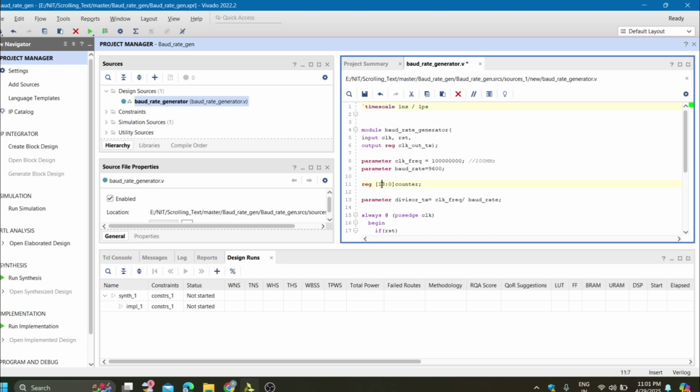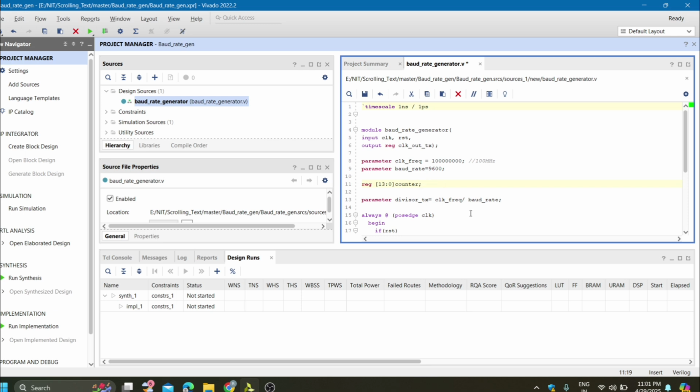And why do we use this 13 down to 0 counter? After dividing the clock frequency by the baud rate, we are getting around 10,000 values. And if we calculate 2 to the power 14, these are the 14 bits, so what value will we get? Around 16,000. If we use 12 down to 0, meaning a 13-bit counter, then 2 to the power 13 means around 8,000.